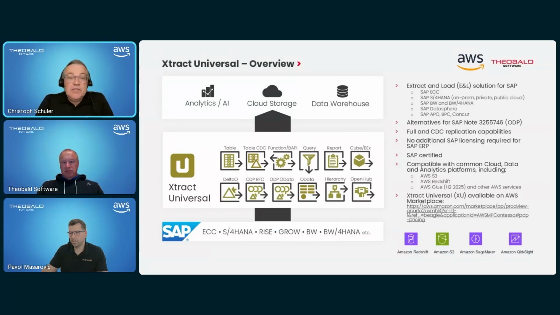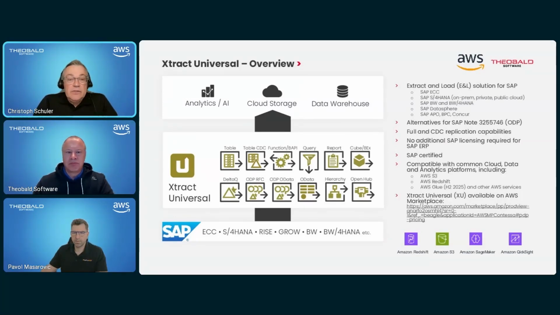We're compatible with SAP ECC and S/4HANA in different deployment models: on-premise and in the cloud, both public and private cloud. We're also compatible with Grow environments for those of you who use the S/4 public SAP environment, but also BW for HANA, APO, and other applications in different releases and deployment modes.